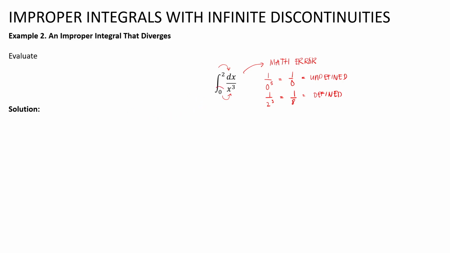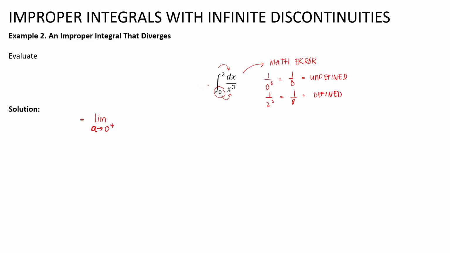So taking the lower limit outside the equation, this gives us the limit as a approaches 0 plus, meaning the right-hand side of 0 only.